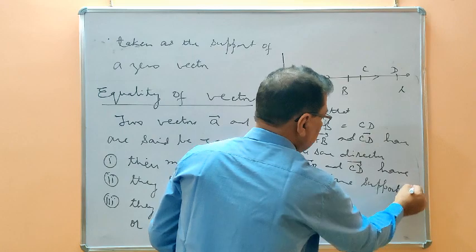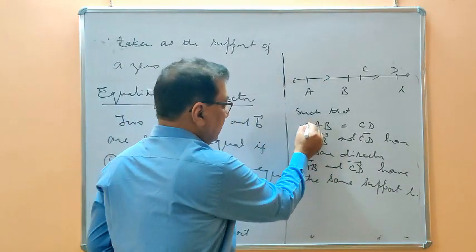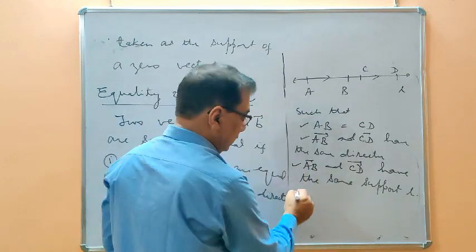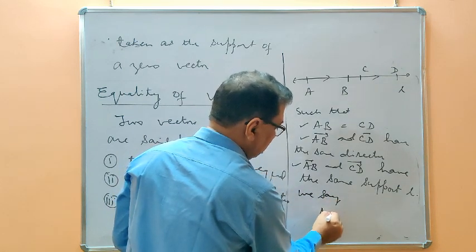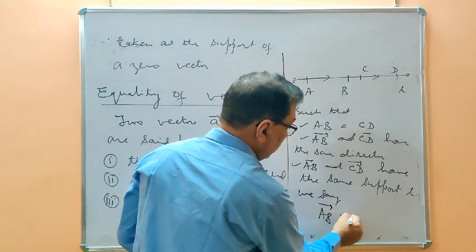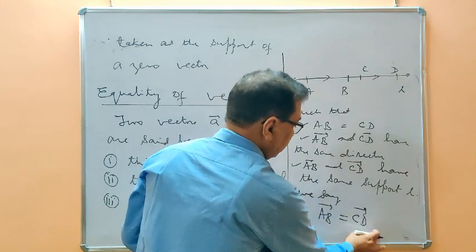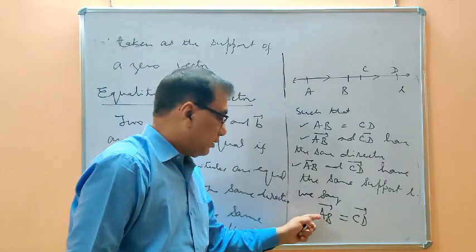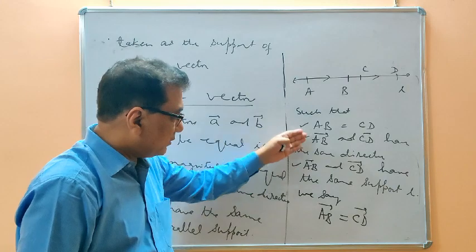Okay, and that support is L. So under these three conditions, we say that the vector AB is equal to vector CD. Okay.